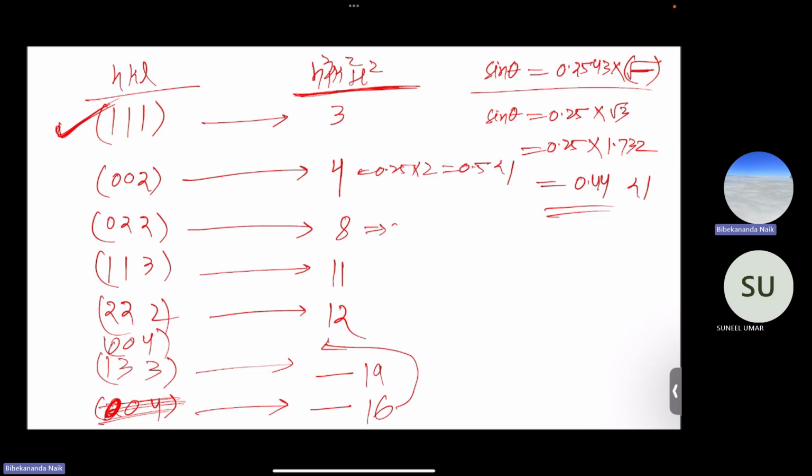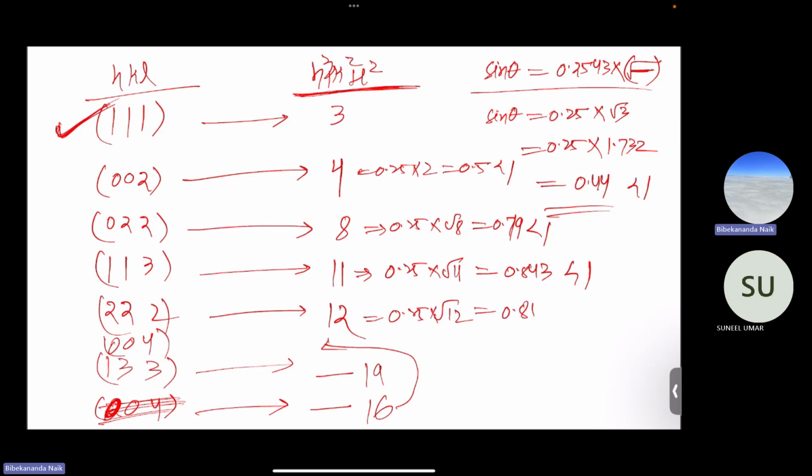Then for 8, 0.25 into root 8 is 0.719, again less than 1. Then for 11, 0.25 into root 11 will be 0.843, again less than 1. Then for 12, 0.25 into root 12 will give you 0.88, again less than 1.